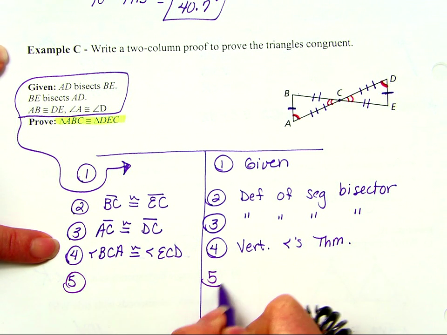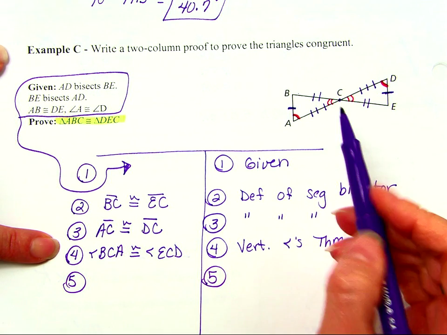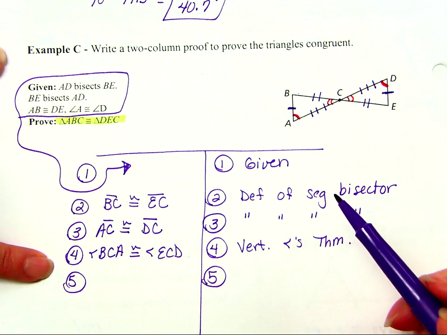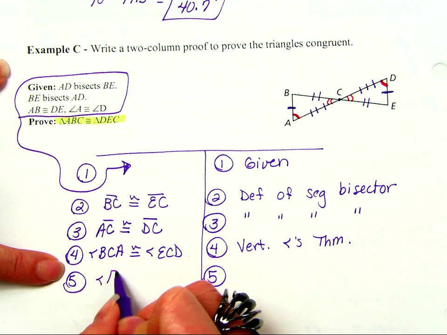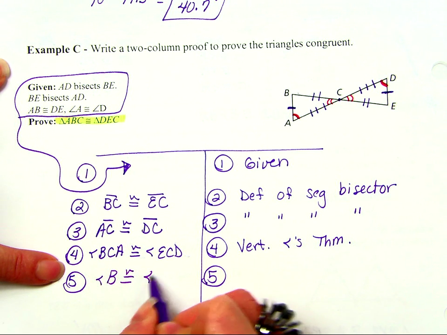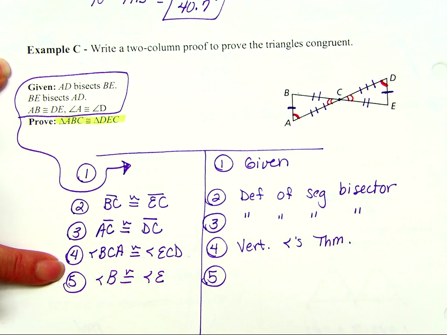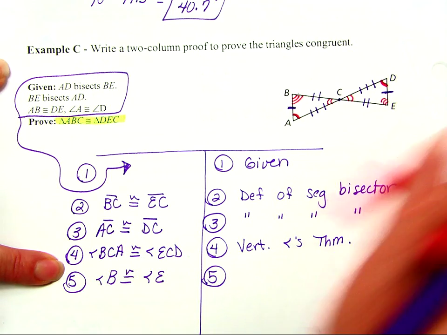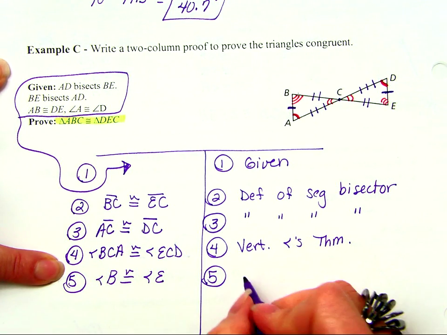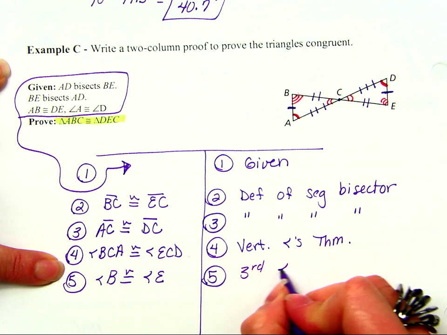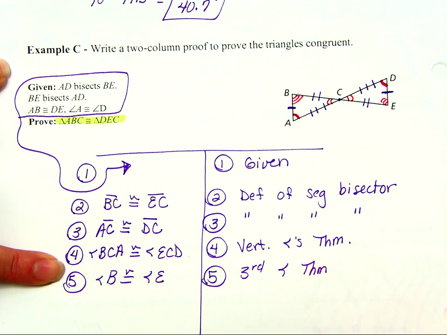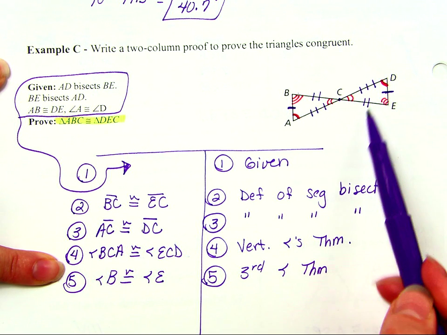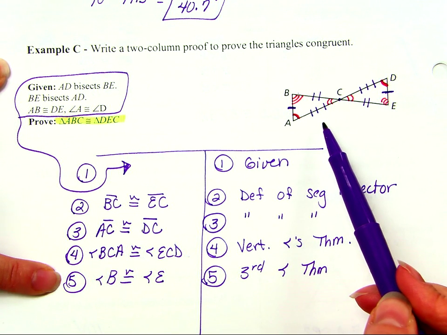Finally, if I have 2 angles that are congruent to 2 other angles in my other triangle, I can in fact say that angle B would have to be congruent to angle E. Why is that the case? Well, we learned last time that that would be due to the third angle theorem. Now, if you take a look at our picture, we have 3 sets of congruent sides and 3 sets of congruent angles.